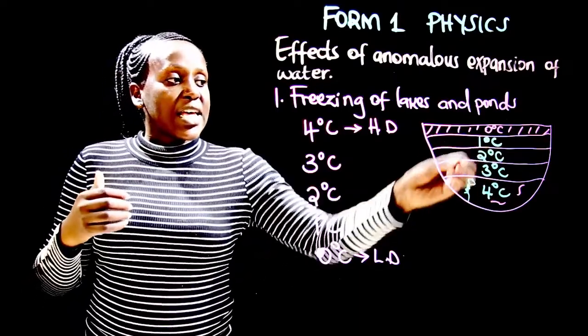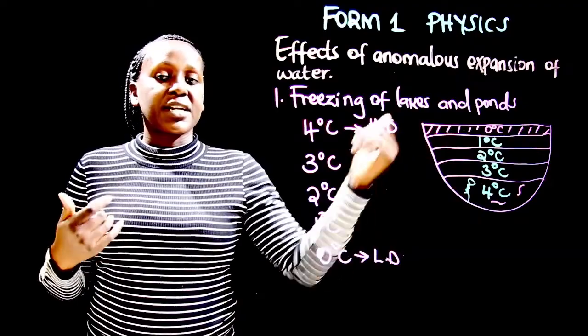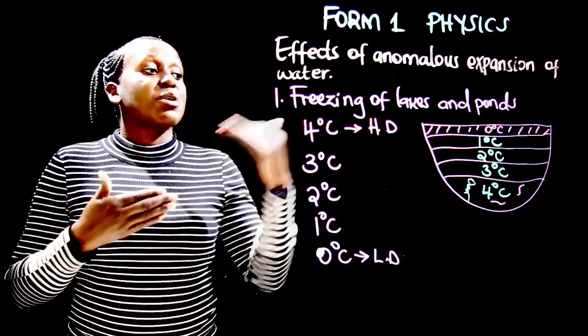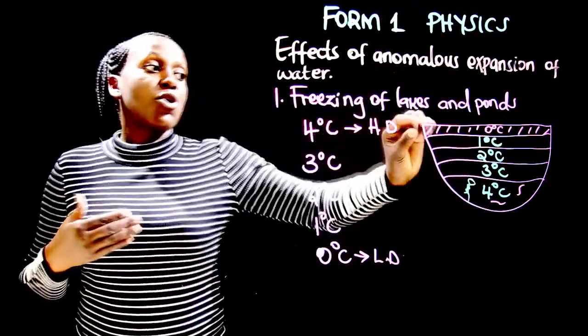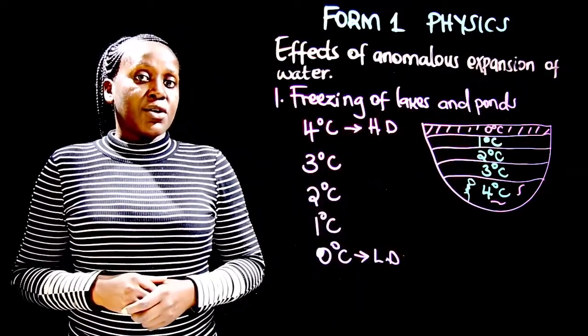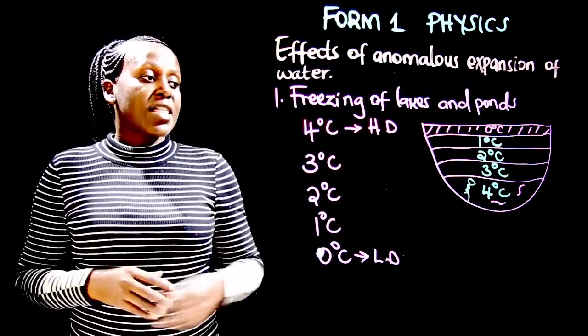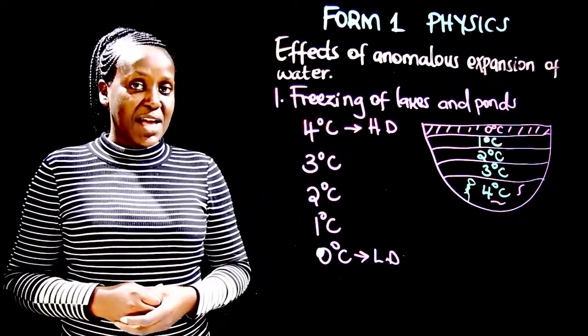So the heat that is with the water at 4 degrees Celsius, 3 degrees Celsius will not be passed to the atmosphere because the ice here is acting as an insulator. So there will be enough heat for the animals and the plants that need to survive in the water.